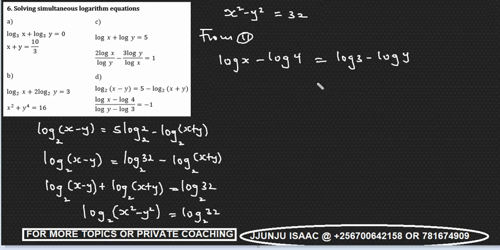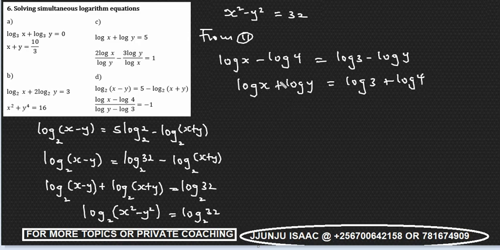So now the good thing here, we have log x, we have log y. Let me bring the letters on the same side and the numbers on the other side. So I say log x plus log y equal to log 3 plus log 4.